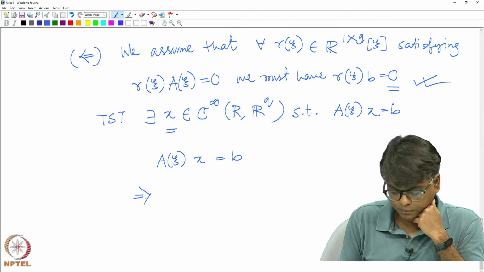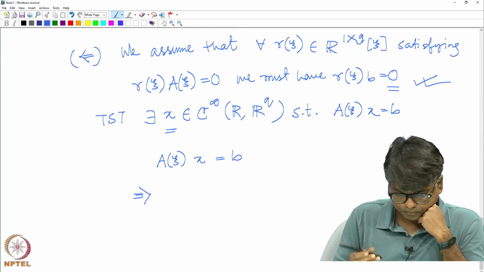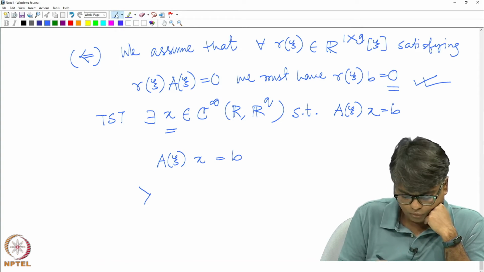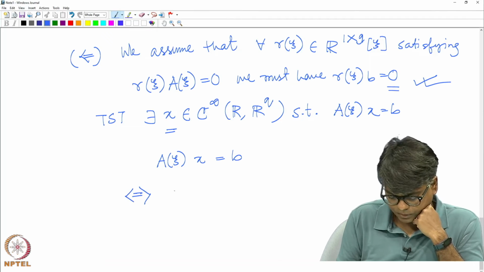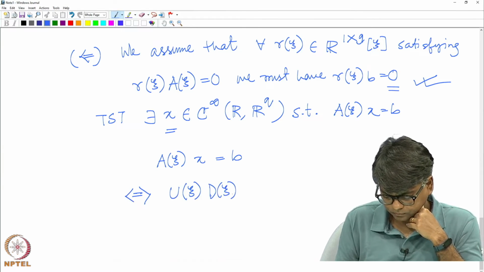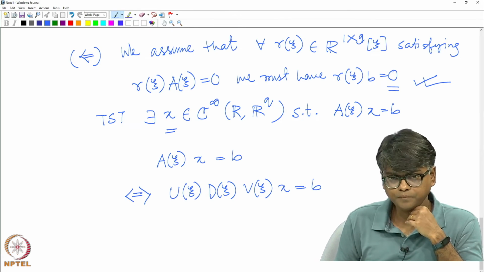We immediately want a solution for this, right? This solution is equivalent to solving this. We obtain the Smith canonical form, right?